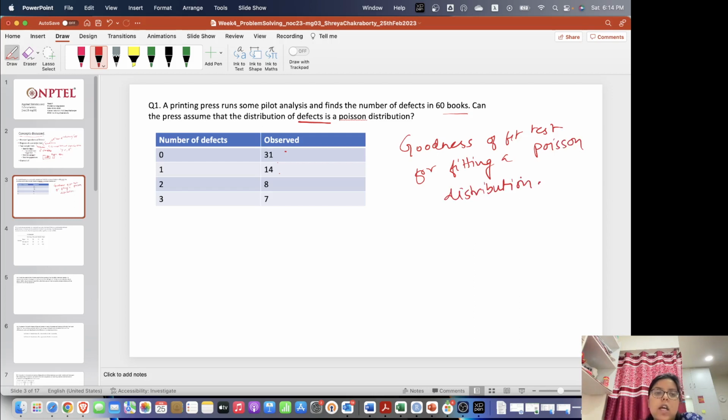Okay, so if you remember, if x follows a Poisson distribution, how many parameters were there?